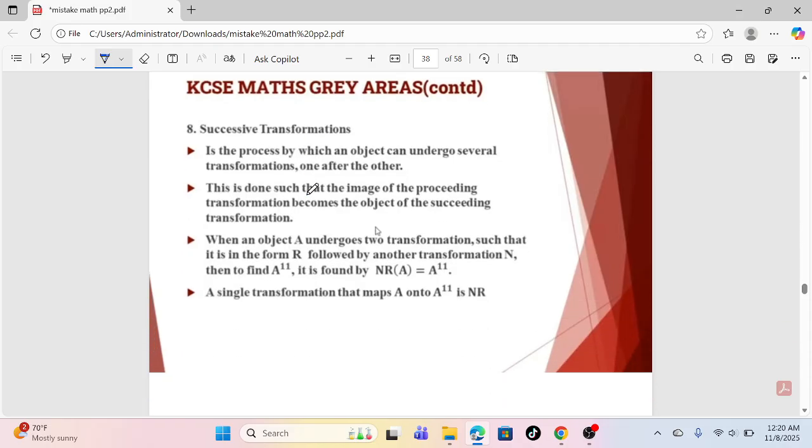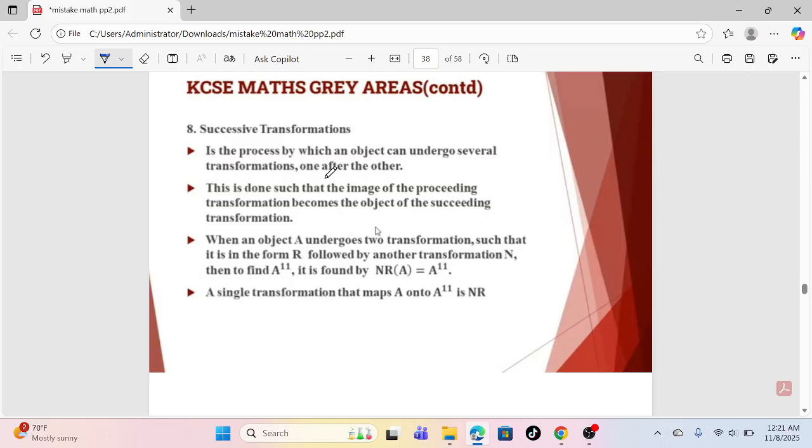Successive transformation is the process by which an object can undergo several transformations, one after the other, in succession. This is such that the image of the preceding transformation becomes the object of the succeeding transformation. When an object A undergoes two transformations such that it is R followed by another transformation N, then to find A prime, it is found NR.